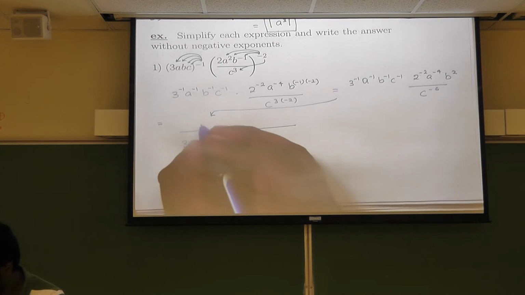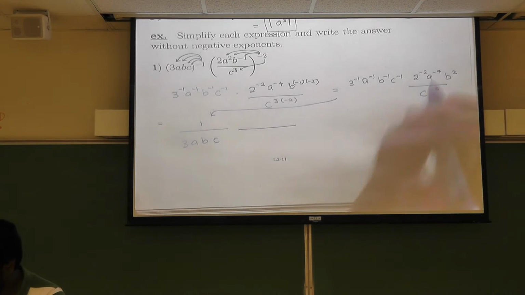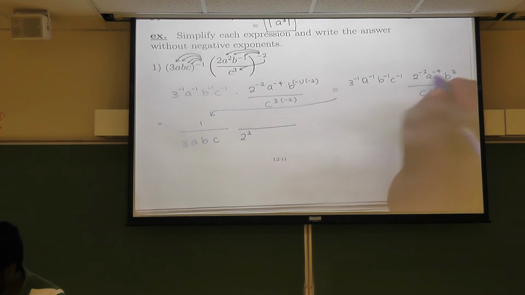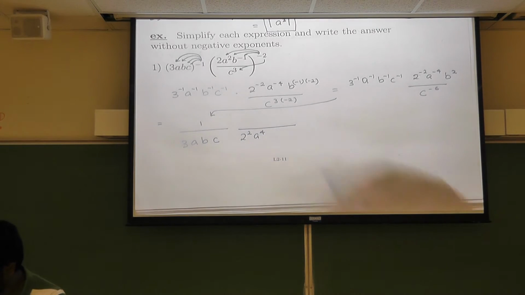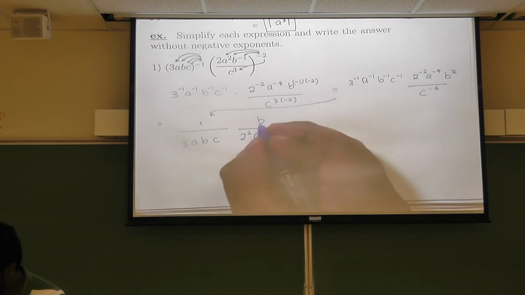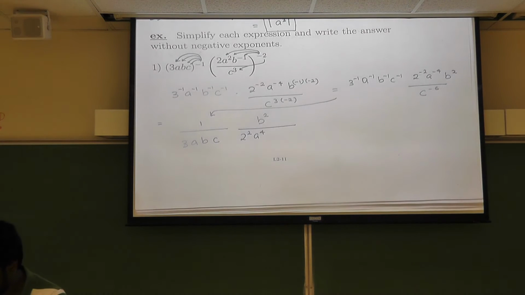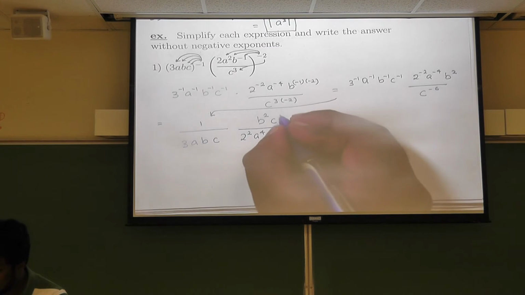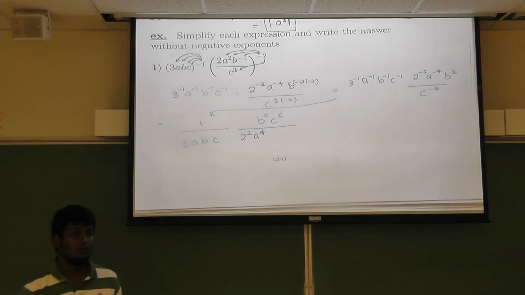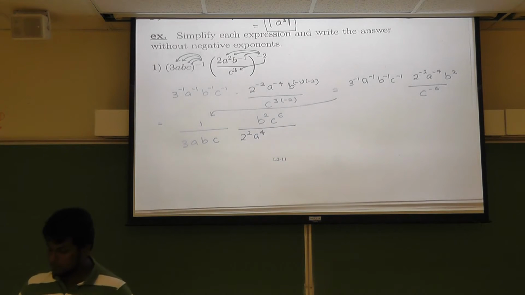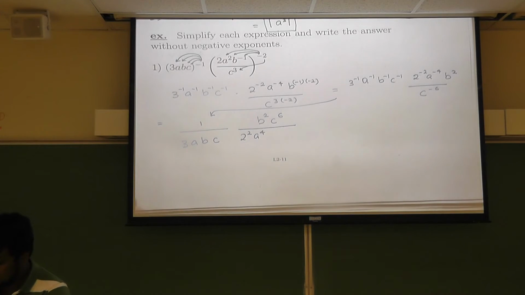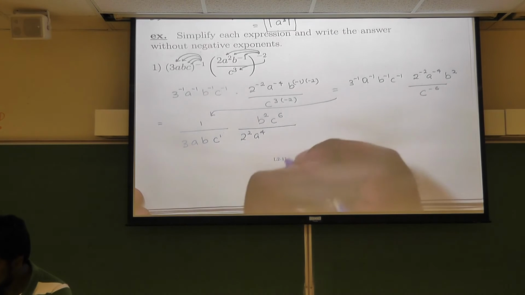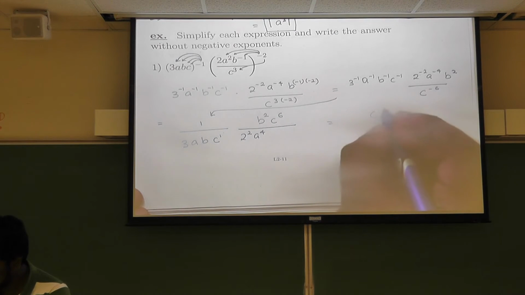And here, let's have a 1 as a placeholder. This 2 should go to the bottom, so 2 squared. This a to the -4 should go to the bottom and become a to the 4. b to the 2 stays there because it's positive. And c to the -6 would go to the other side, which is the top, and become c to the 6. Now you can simplify it. The c to the 1 goes off with the c to the 6, and you get c to the 5.